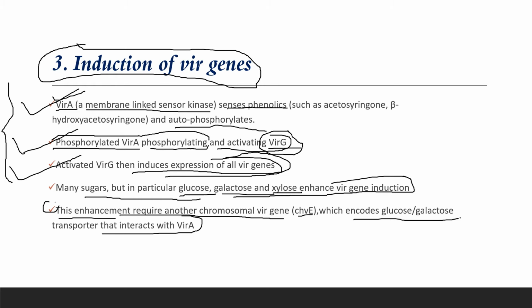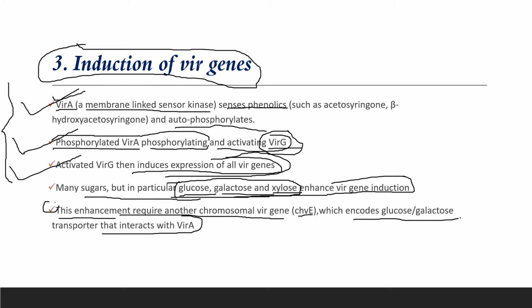So next, the induction of all the vir genes can be enhanced with the help of sugars. The activity of all the vir genes can be enhanced with the help of glucose, galactose, and xylose.